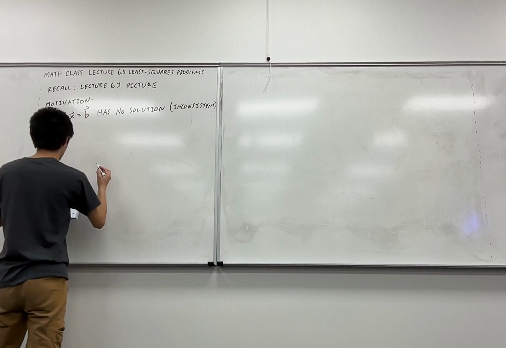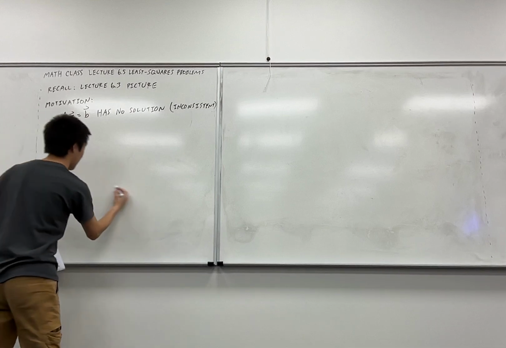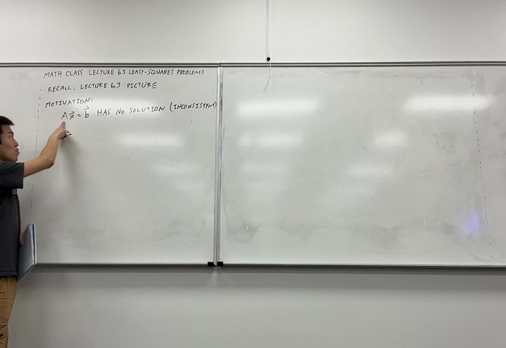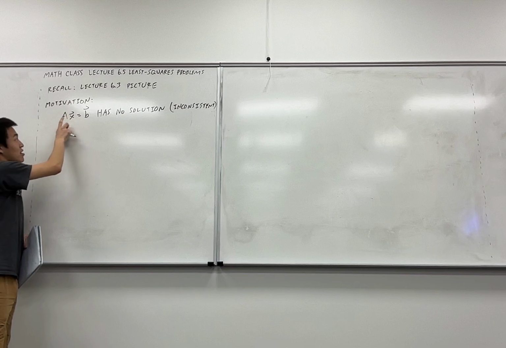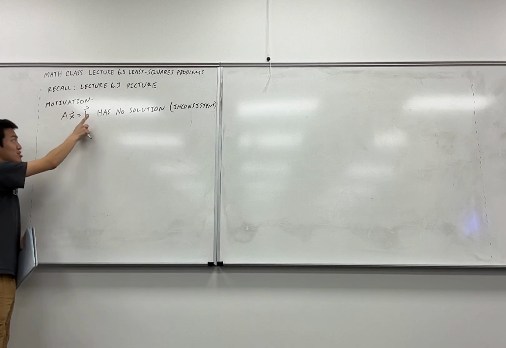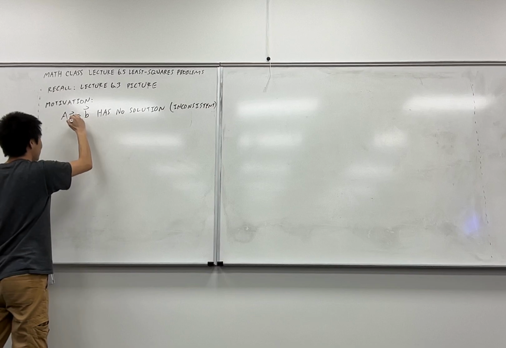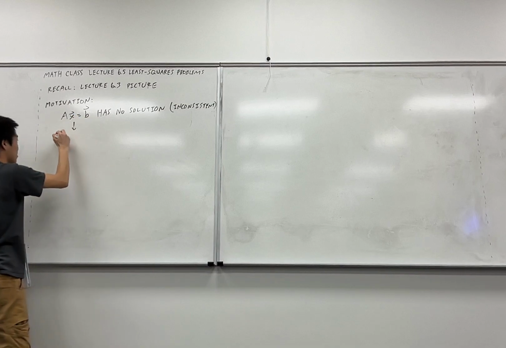And so another way we could visualize that is, what this means is that there's no way I can take linear combinations of the columns of A such that that specific linear combination gives me B. Do you remember how we can write these matrix equations as vector equations?